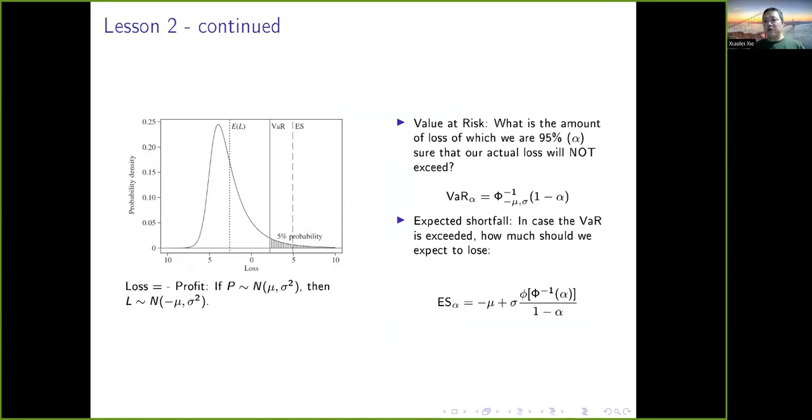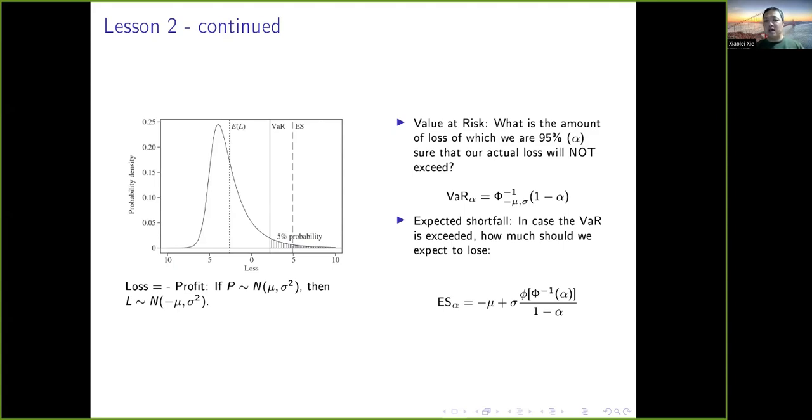Also in this lesson, I will tell you about risk management, which is essential for any successful trading strategy. There are two prominent risk measures used in the finance industry. They are called the value at risk, abbreviated as VaR, and the expected shortfall, or ES for short. The first is a quantile of the profit and loss distribution.